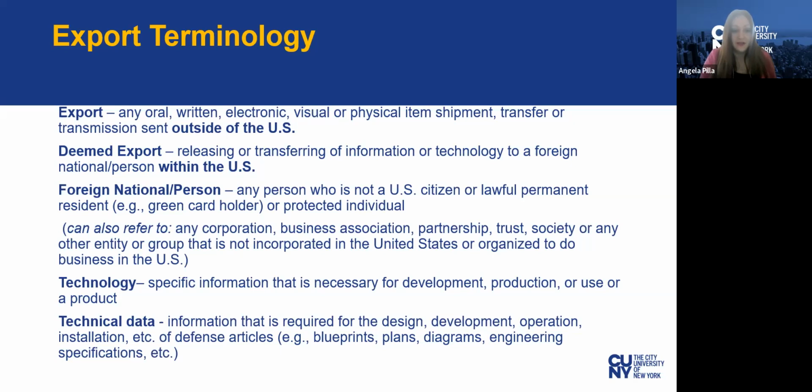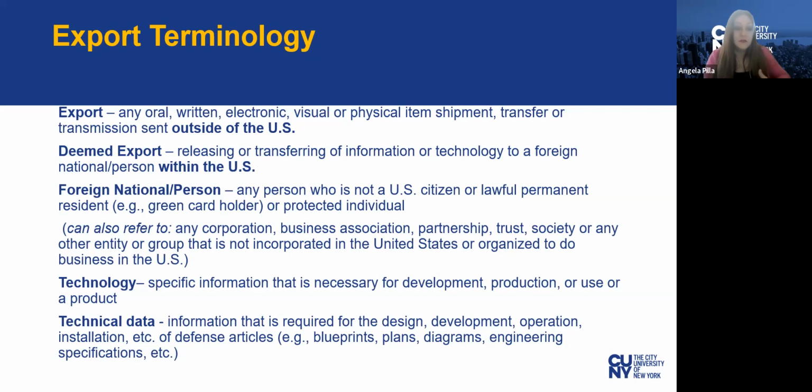When that release happens is when the export has happened. So that can mean that you're hand carrying items or information, materials, or you shipped it out through FedEx. It doesn't matter. Either way, it's already exported once the information or item has been released.